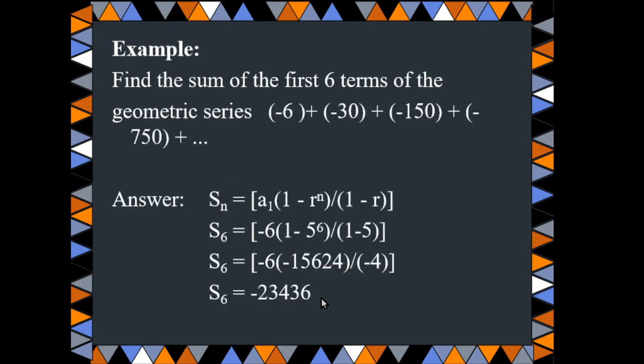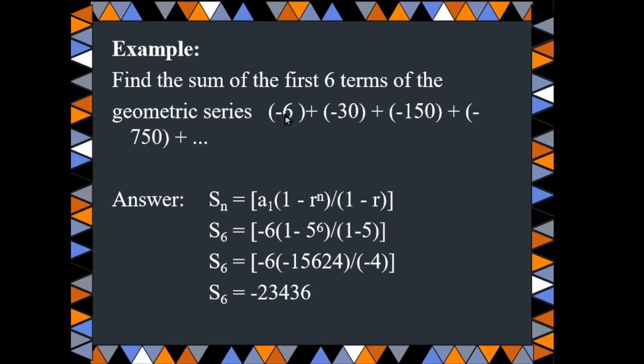Next, the third example: find the sum of the first 6 terms of the geometric series negative 6 plus negative 30 plus negative 150 plus negative 750. Again we have the formula S sub n is equal to a sub 1 times the quantity 1 minus r raised to n, over 1 minus r. We substitute a sub 1 as negative 6.